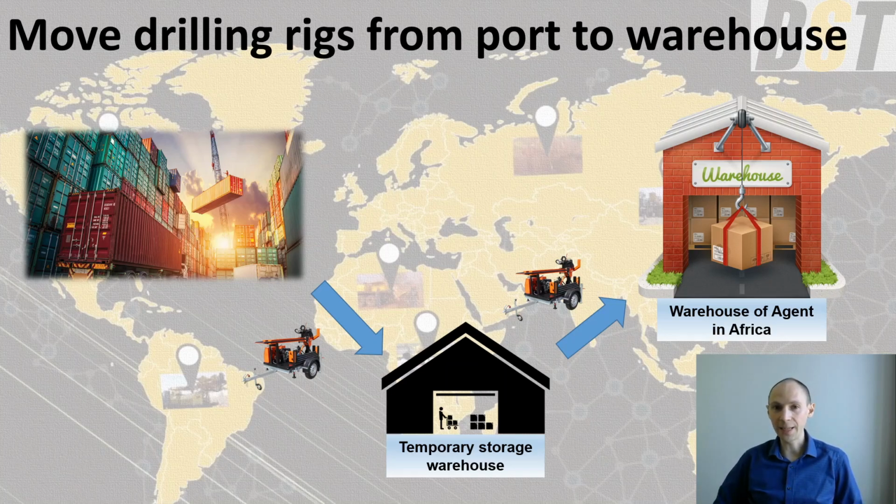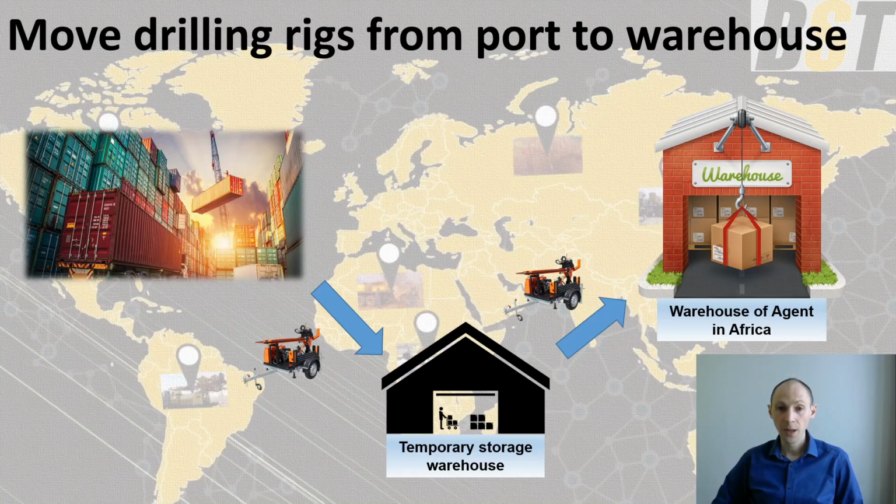But well, getting back to our process to move the drilling rig from the port to your warehouse, what steps you need to complete? Step number 1, you need to find a transport company in order to move the container from the port to warehouse. And you make arrangements with this transport company when and at what time they pick the container from the port and deliver it to the warehouse.